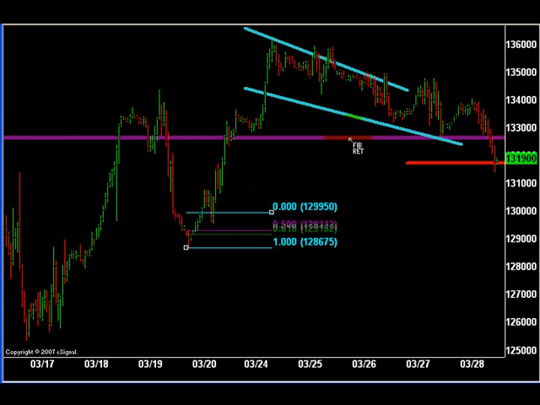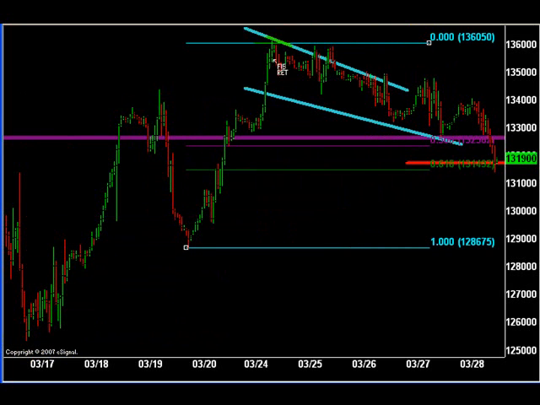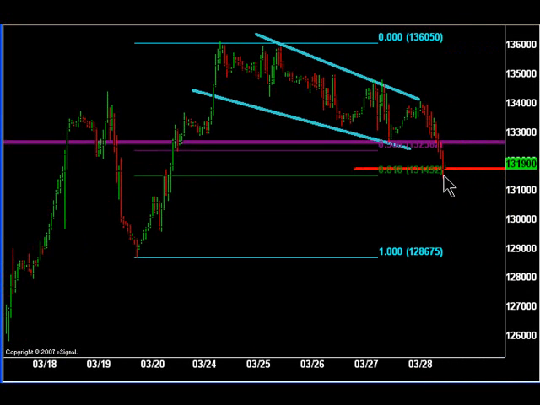If I go from the low through to the high up here, look where it bounced, right up to 62%. So right now we can see that this market's channeling sideways. It actually broke out down through here. As you can see, that's where it actually closed. So saying that, it's likely to find a bit of resistance. If it breaks through this 62%, we're probably going to come down to the 1290 mark on the S&P.